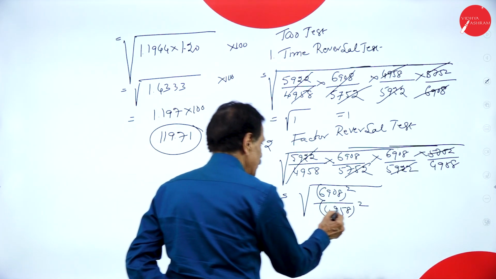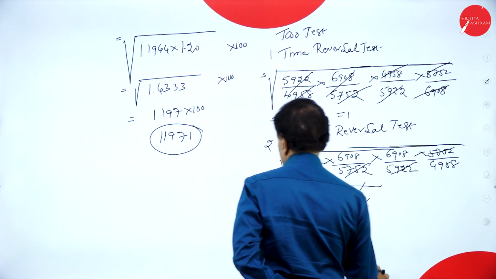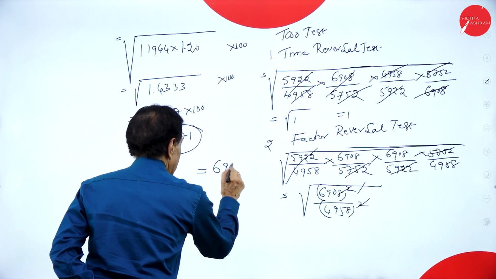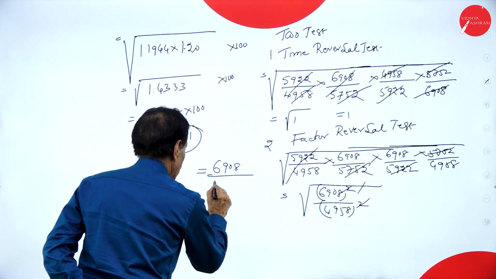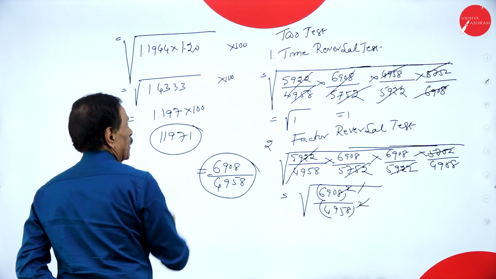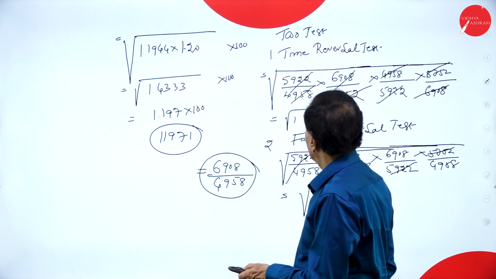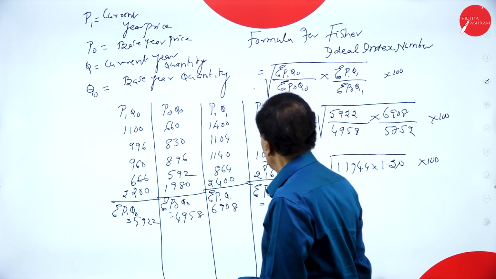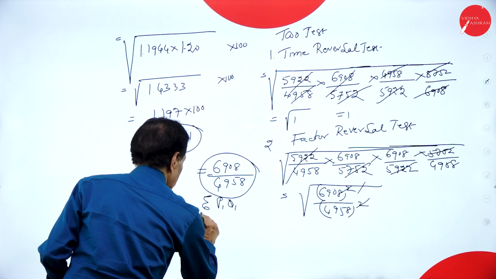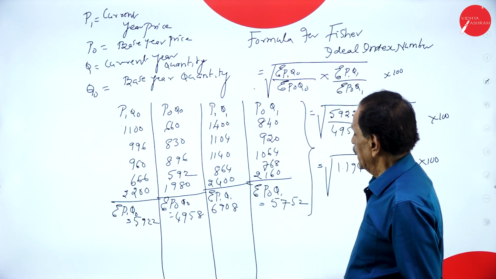Now cancel this. What is left over? It is 6908 divided by 4958. This is the answer. What is 6908? Sigma P1 Q1. What is 4958? P0 Q0.